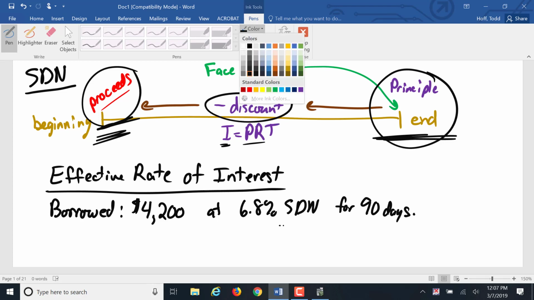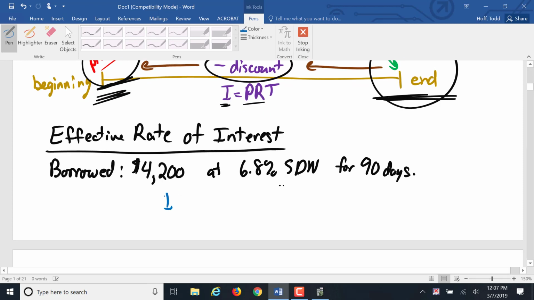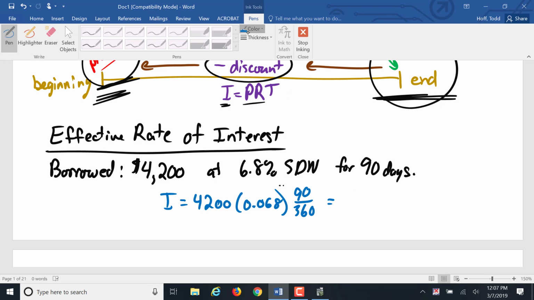Then we used our formulas to find the discount. That's just I equals PRT, so that was the 4,200 times 0.068 is the rate, times, we're going to assume ordinary since it's not stated as exact, to give us this discount amount of $71.40.